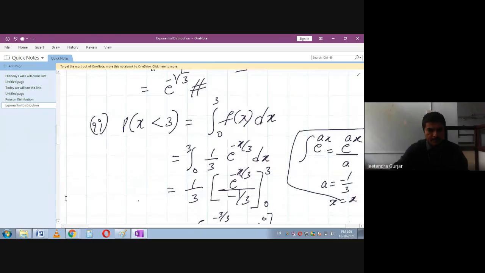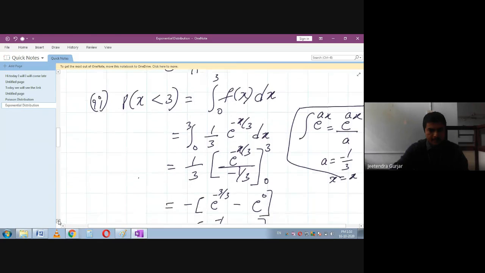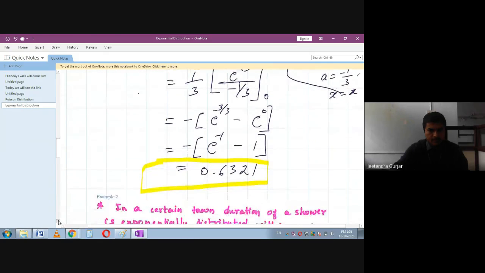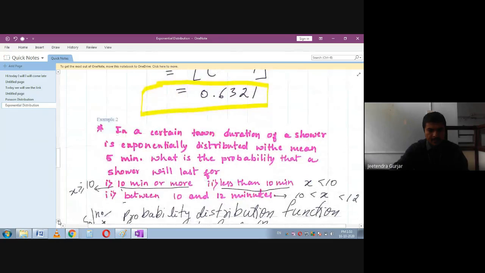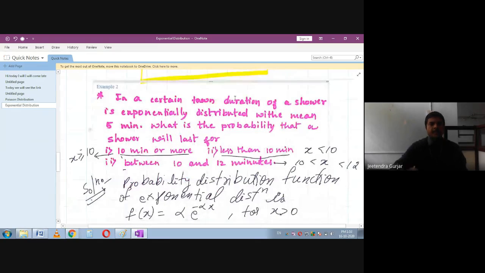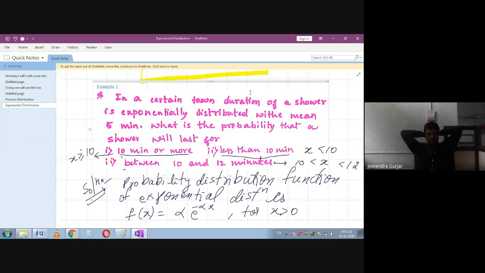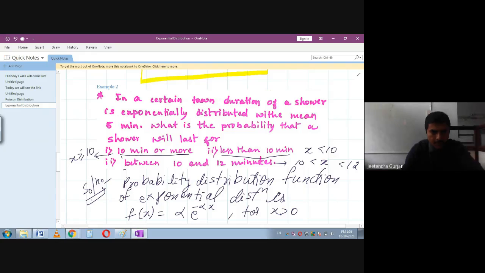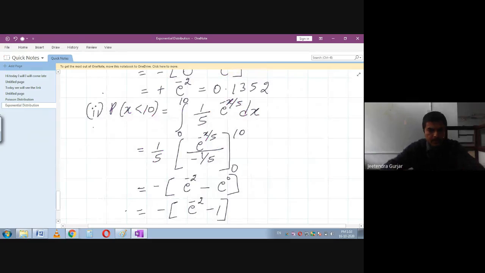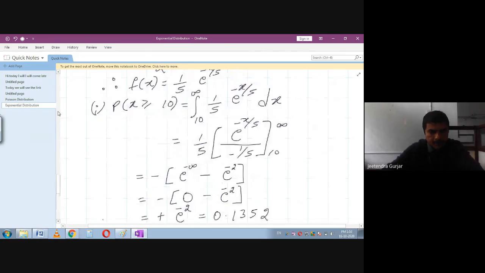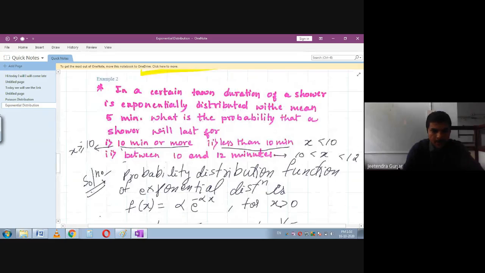I can see the question now, the second one. I think if it is getting confused, I will tell you. In a certain town, duration of shower is exponentially distributed with mean 5 minutes. Mean 5 minutes, you have to remember here, students, whenever they give you any value, you have to write directly what is given here.